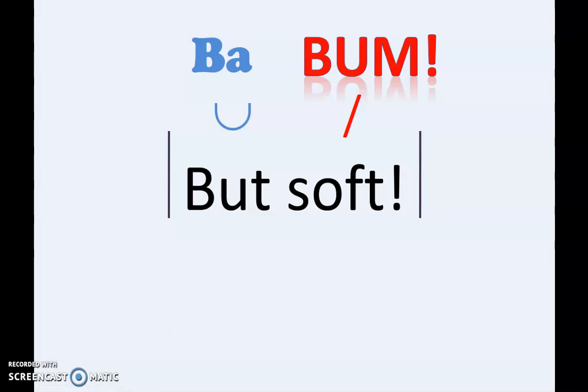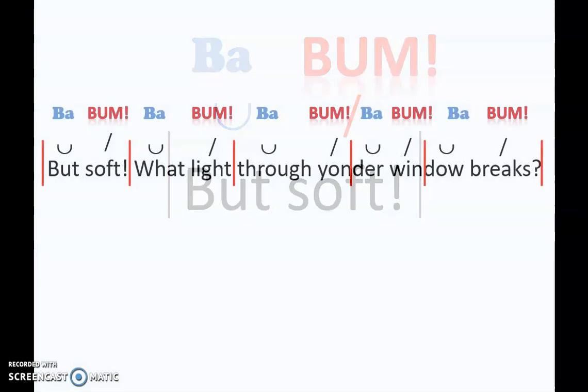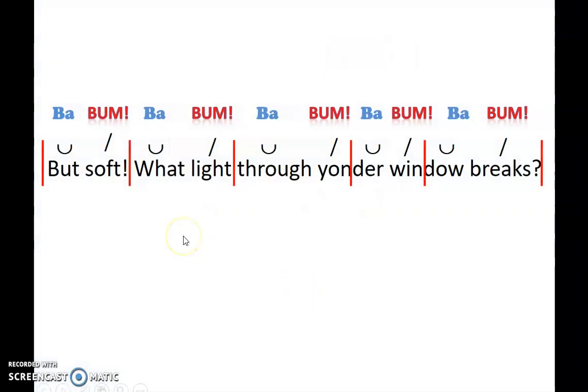Ba-bum. I'm going to show you how to do this with your hands in another video. I always say just grab something. I usually use dum-dums in class, but you'll go ba-bum. So now when we put it together, you'll say, but soft, what light, through yonder window breaks.